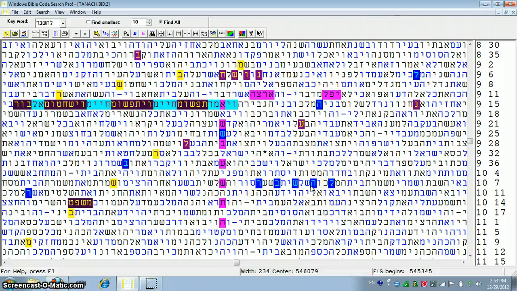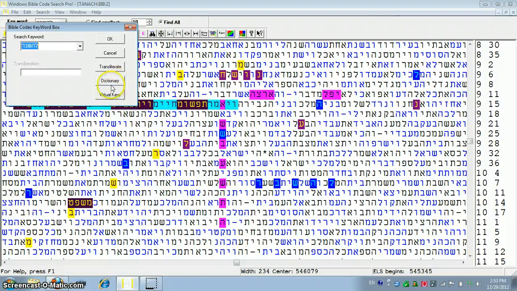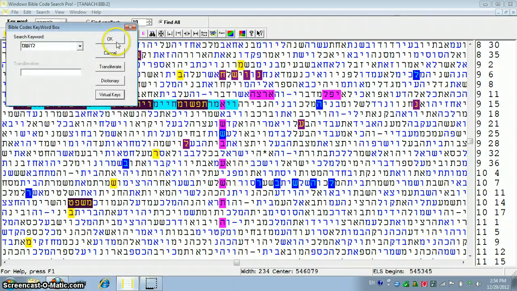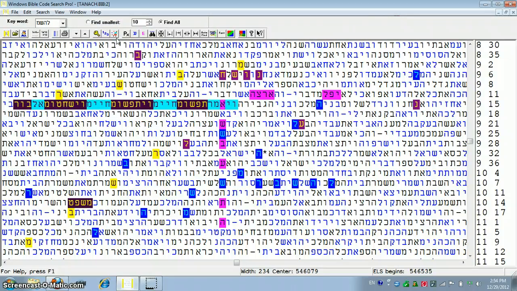Alright, how about devastate? Let's look for devastate. That's another word Drosnin used in his table. And that would be lamed, he, shin, mem. There's devastate there. And they didn't change the color on that, folks.